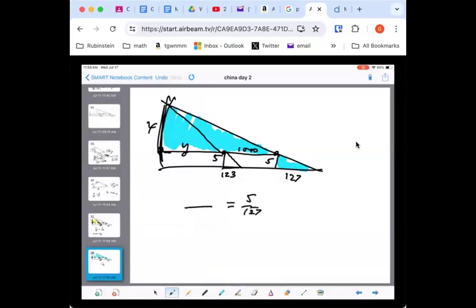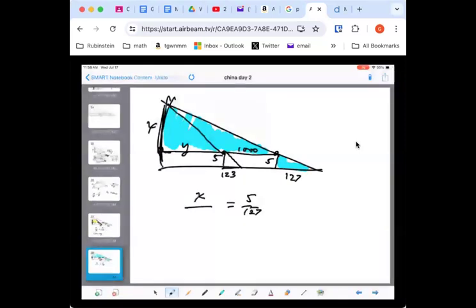Anyone want to say what should go in the numerator of the fraction on the left? x, that's right.